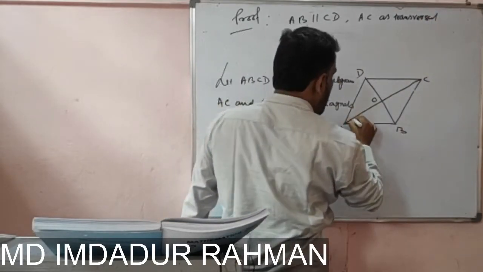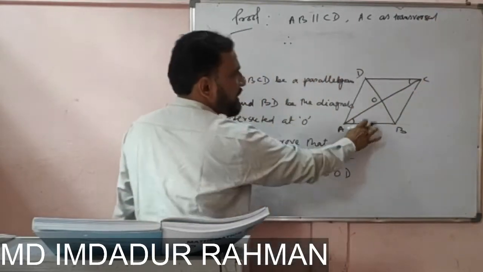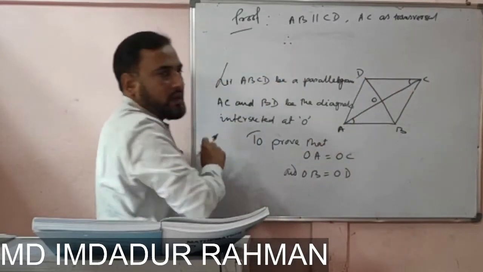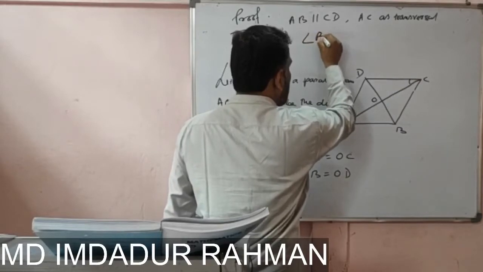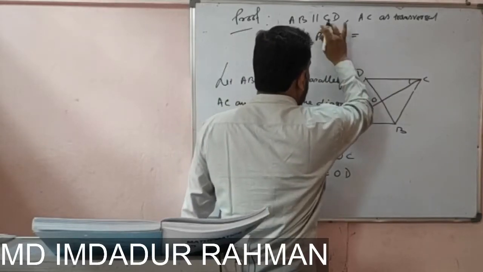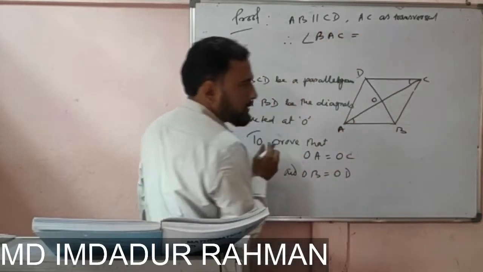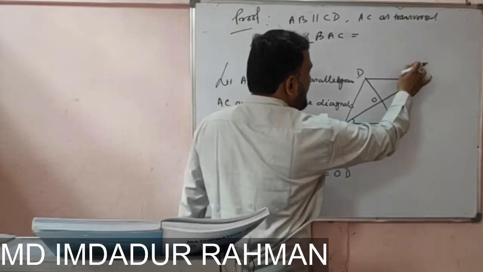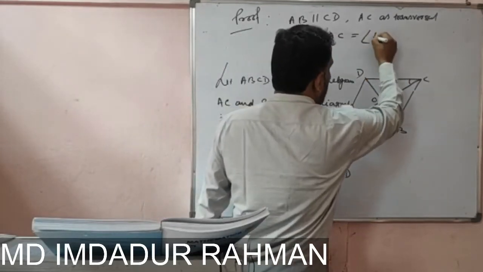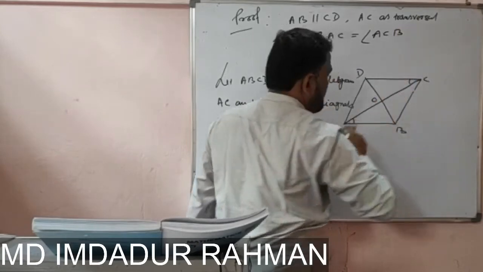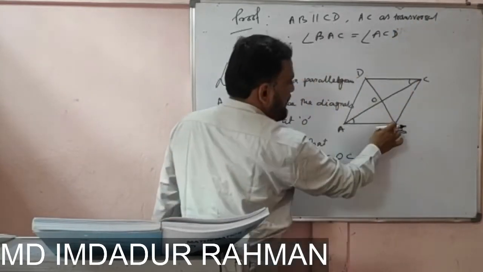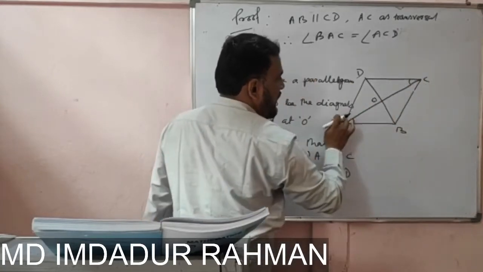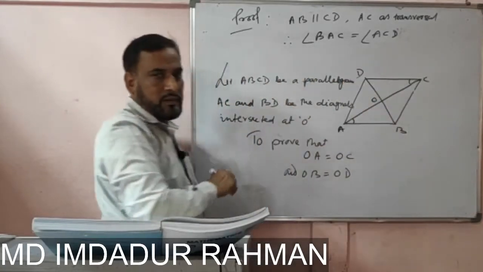So, what are we getting? If AB is parallel to CD and AC is transversal, then angle BAC is equal to angle ACD.